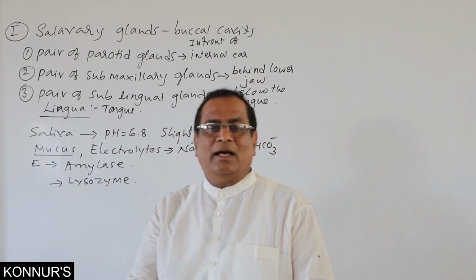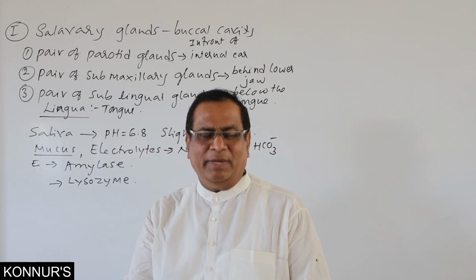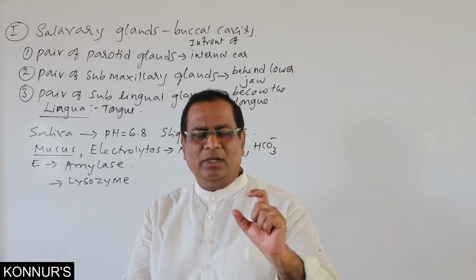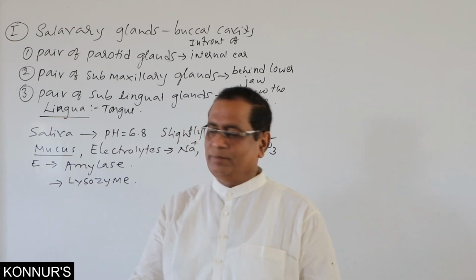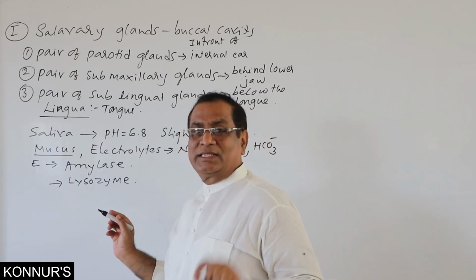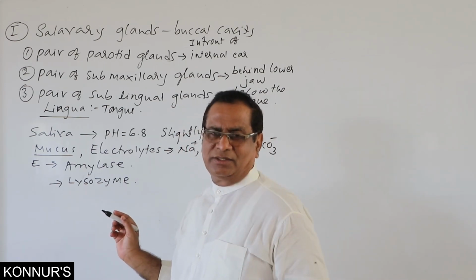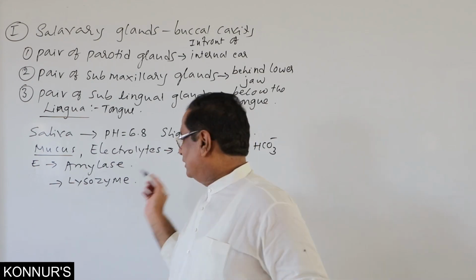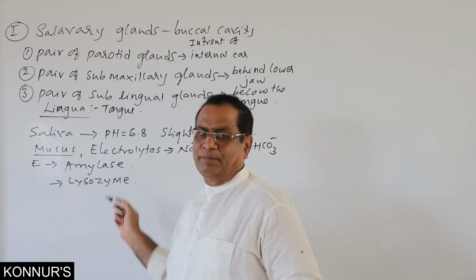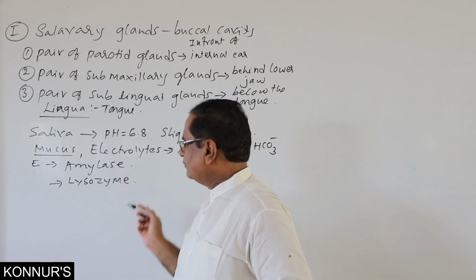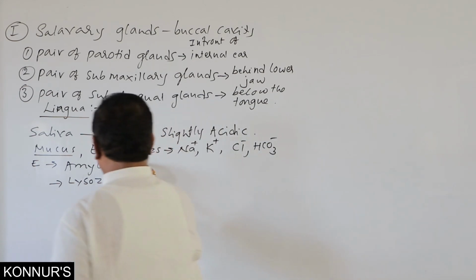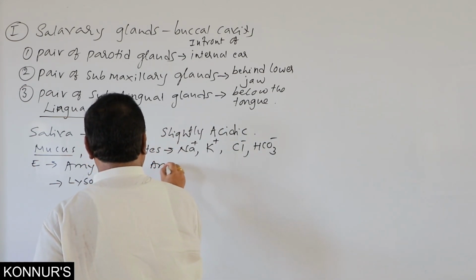Amylase is an amylolytic enzyme, acting upon carbohydrate like starch, mainly starch, a reserve food in plants. Amylase acts upon starch.